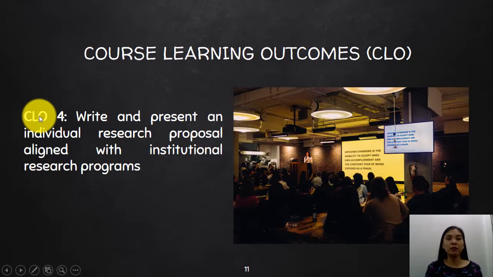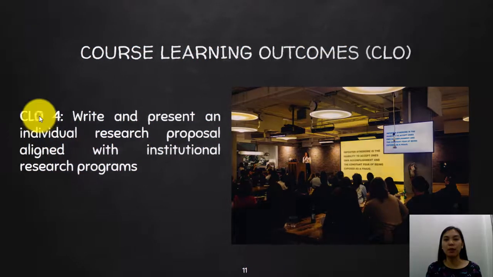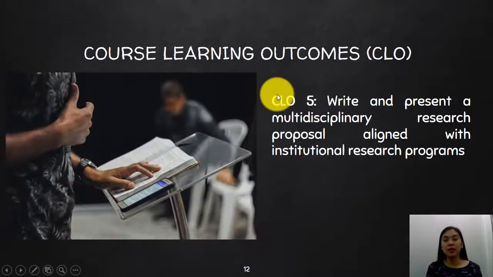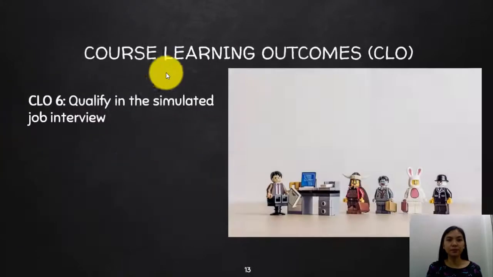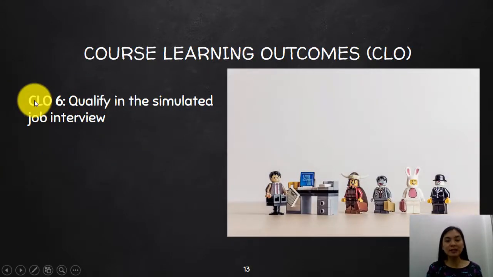CLO number 4, write and present an individual research proposal aligned with institutional research programs. CLO number 5, write and present a multidisciplinary research proposal aligned with institutional research programs. Your CLO number 6, qualify in a simulated job interview.